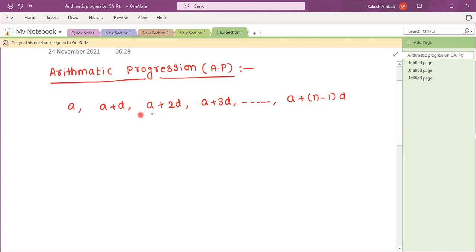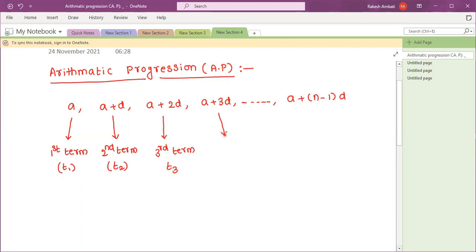For example, this is the given progression. In this progression, a is the first term, T1. This is the second term, T2. This is the third term, T3.